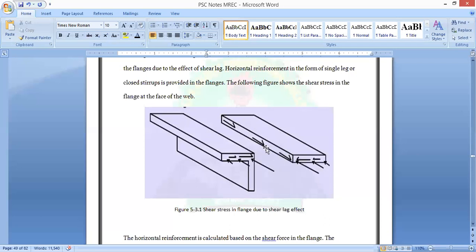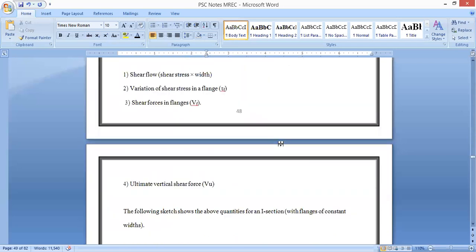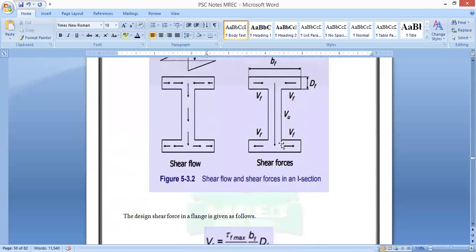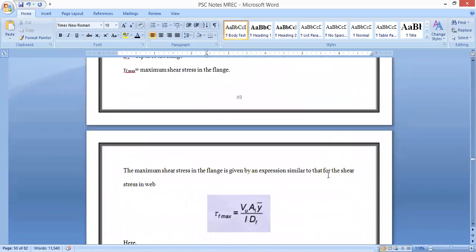Acting on the plane always makes the member shear off, distort, and slide. Okay, understand? So this is exactly about the shear stresses in planes due to the shear lag effect. Here shear center, shear stresses, all these concepts will come into the picture. So this we will discuss in the next class.